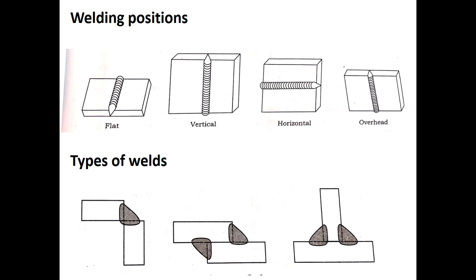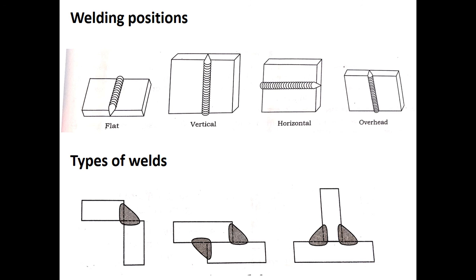We had 5 types of welded joint: butt, corner, lap, T and edge. Among that, in corner, lap and T joints, the fillet weld is used. That is a triangular cross-sectional weld.